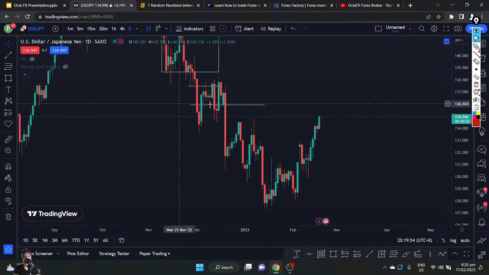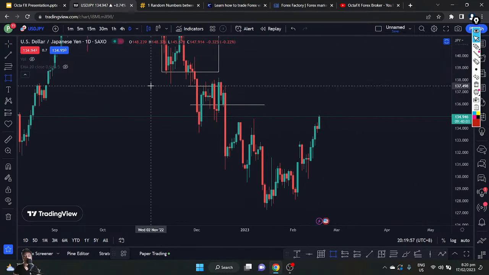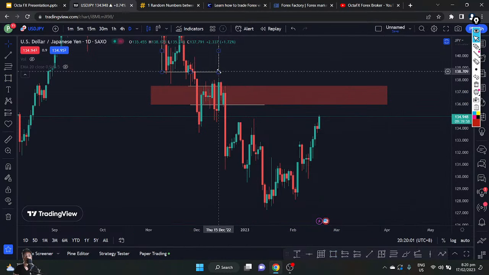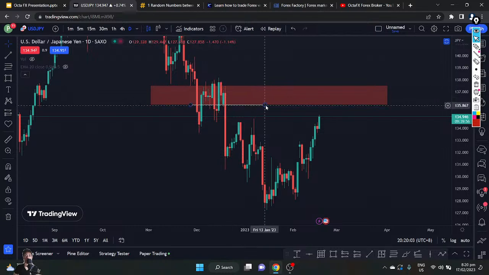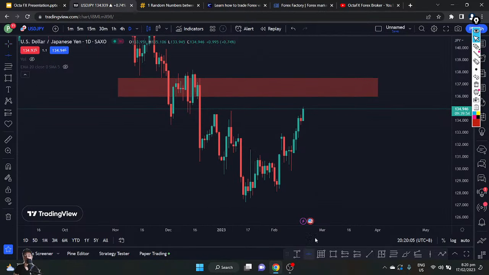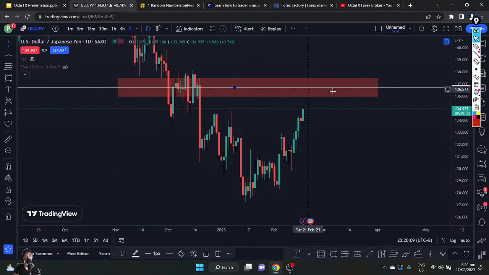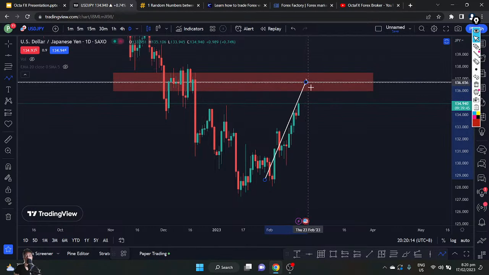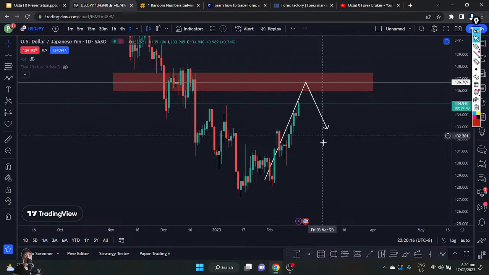So this is considered an imbalance zone that we can consider taking a trade on. Other traders put a 50% level on their imbalance zone, and once the price reaches this 50% zone, this is where the price could go down.